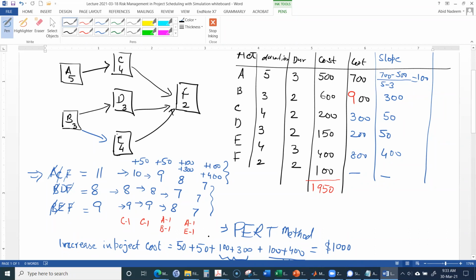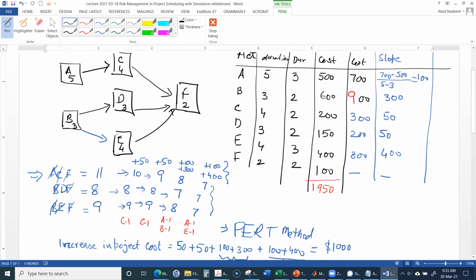But by doing this, we have fully crashed the paths ACF and BEF. Once we have fully crashed any of the paths in the network, you cannot further reduce the duration of the project.